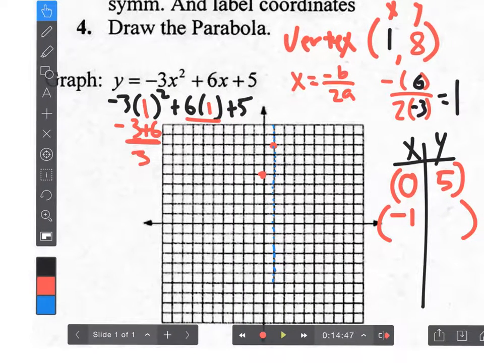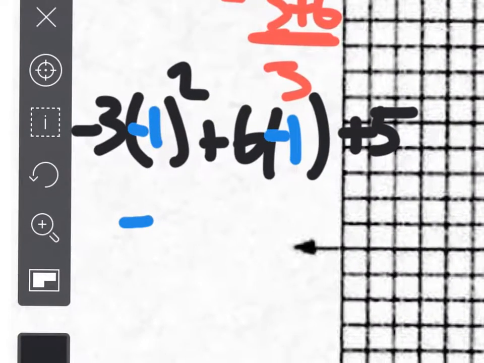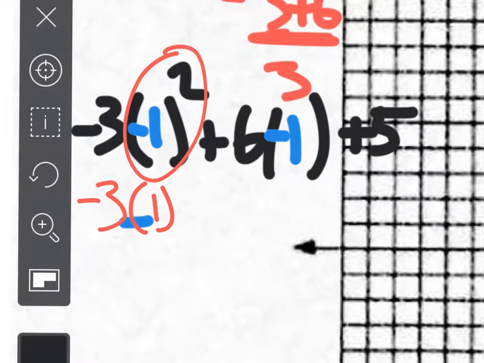I want to go the full original equation. Instead of x's, I want to put parentheses. I'm going to plug in a negative 1 into the x spots. So when I plug in negative 1, I'm going to end up with a negative 3 times 1, because negative 1 squared is positive 1.